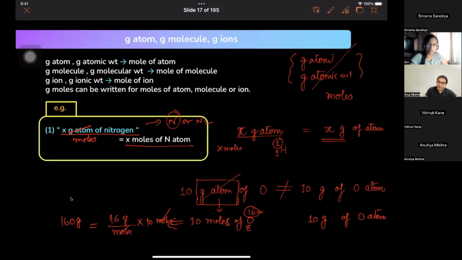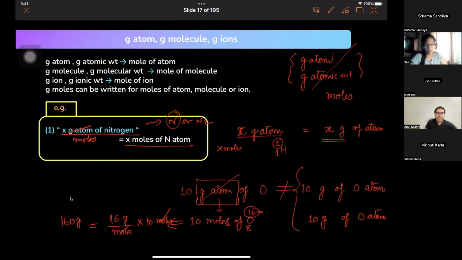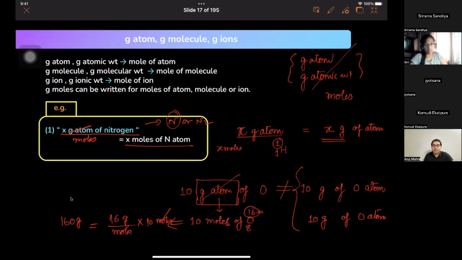See, two things are written. 10 gram atoms of oxygen and 10 grams of oxygen atom. So 10 gram of oxygen atom is how much? 10 gram. Right side is clear. See the left side. 10 gram atom of oxygen, gram atoms are called moles. You know that. So you'll cut gram atom and write moles in place of this. 10 moles of oxygen you have. 1 mole is how many gram? 16 gram.